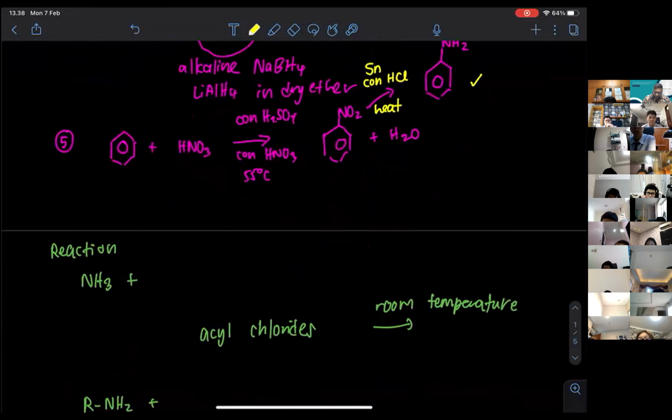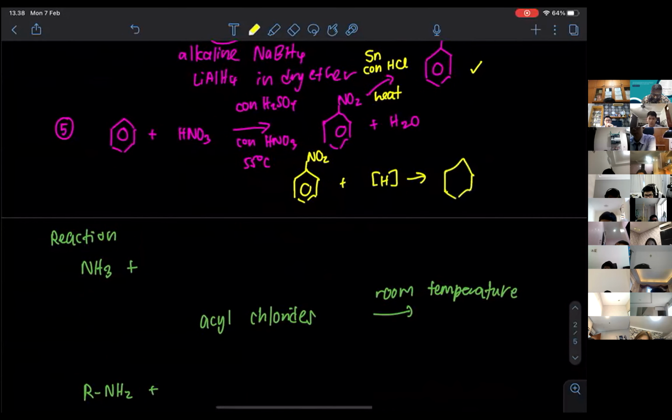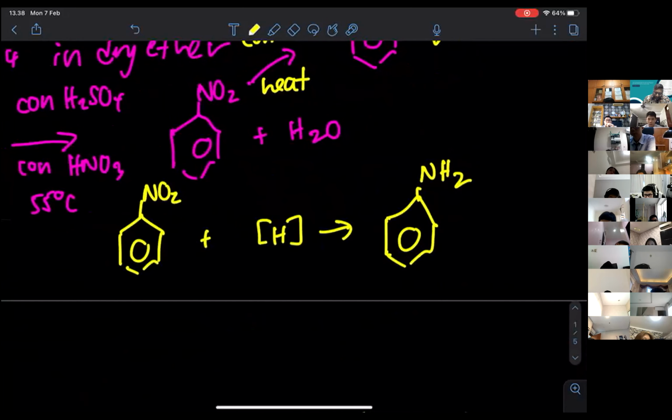So you need to know how to write the equation also. So let me try to write the equation. NO2, plus how many H, I don't know, we can count later. They are going to give you NH2. So what happened? The 2 O came out.